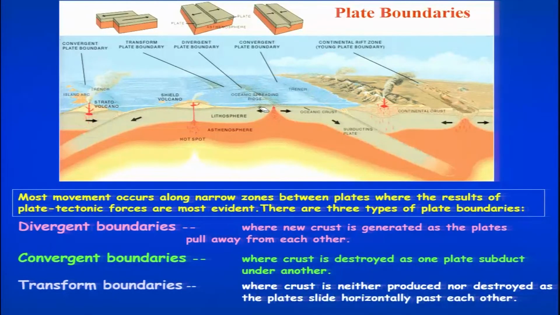These are the transform plate boundaries, and they are associated with the spreading centers. Okay, see, these lines here are the transform plate boundaries. So one is your constructive plate boundaries, another is your destructive plate boundaries, and the last one is your transform plate boundary.